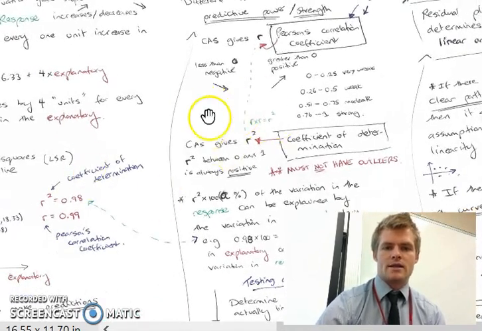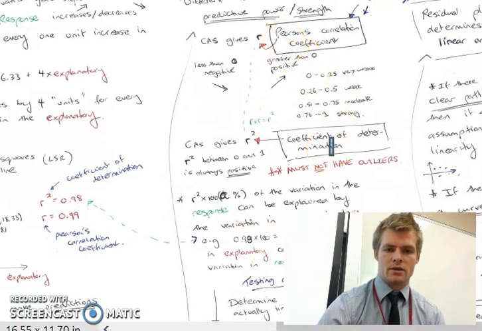Then we can use our CAS to find the coefficient of determination and the R value, Pearson's correlation coefficient.